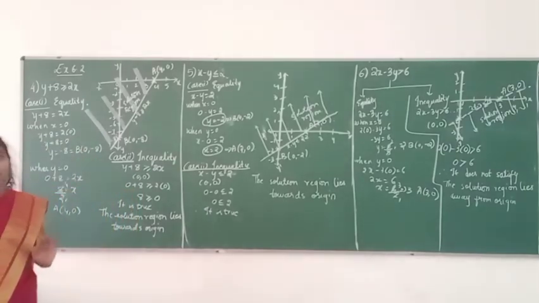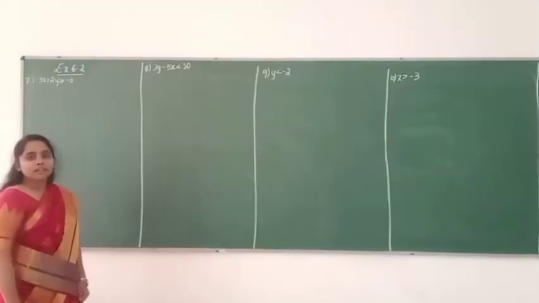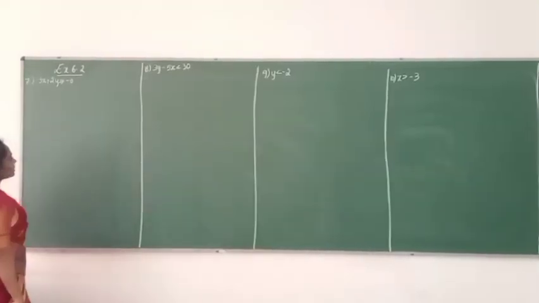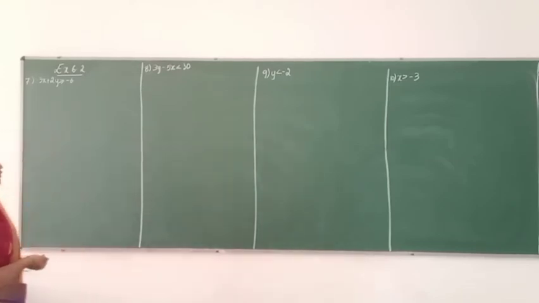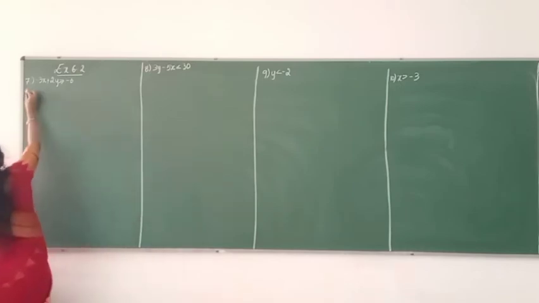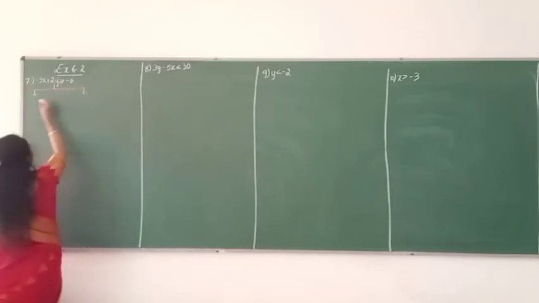Now let us move on with the next one. Now let us move on with the 7th problem. I think a few more problems are left. I have already written the 4 problems on the board. It is as simple as we solved the previous problems of exercise 6.2 as well. Same thing, consider it as equality and inequality.